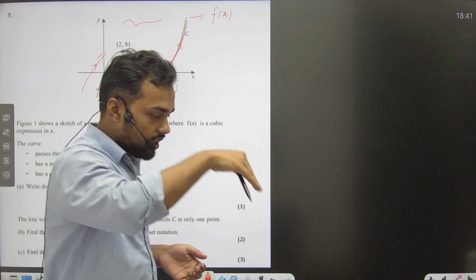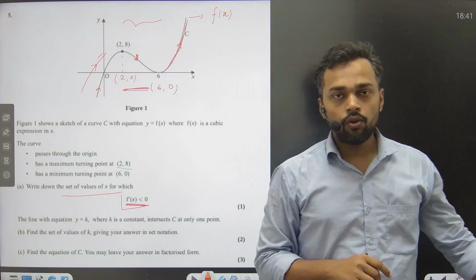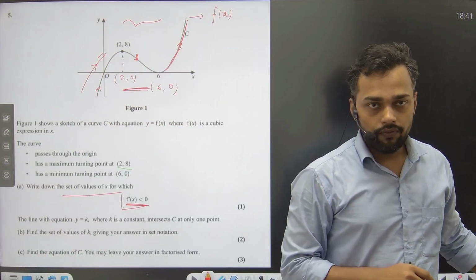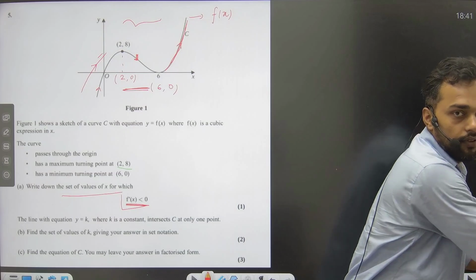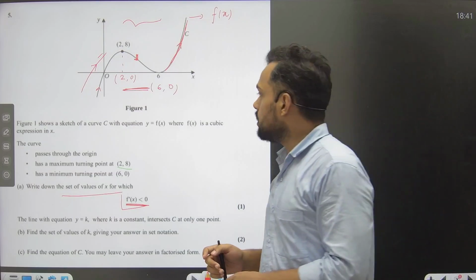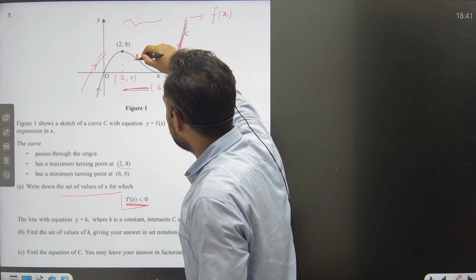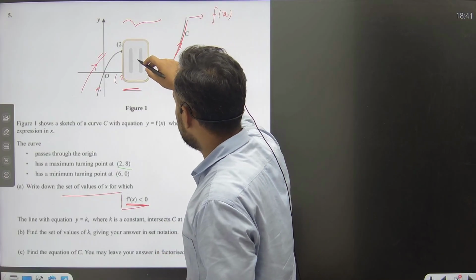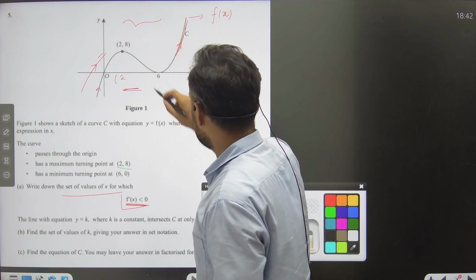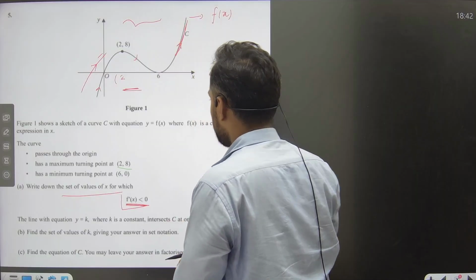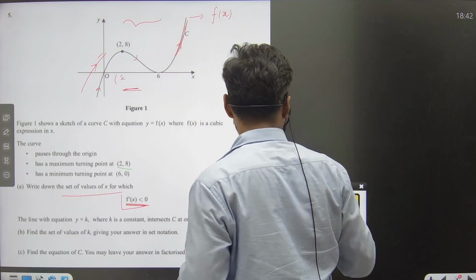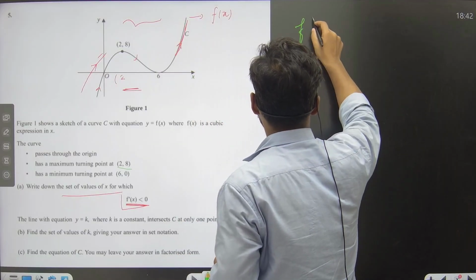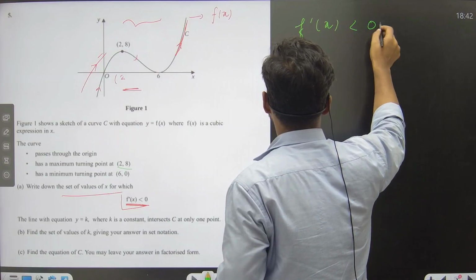So we will get negative values. For this range only, students, it is possible that f prime x will be less than 0. They have asked for this.